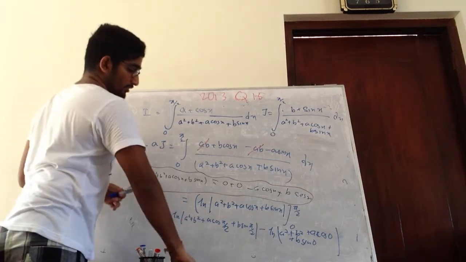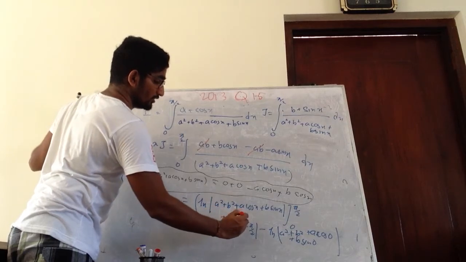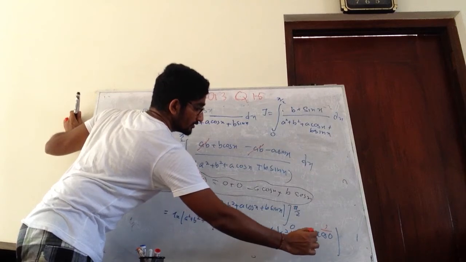Basically cos 5π/2 is 0, sin 5π/2 is 1, cos 0 is 1, sin 0 is 0.